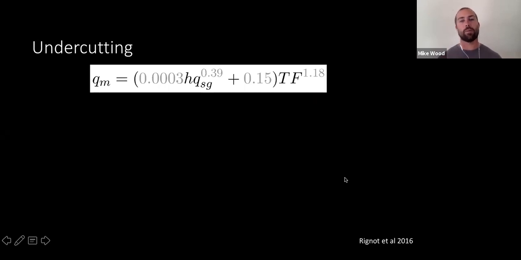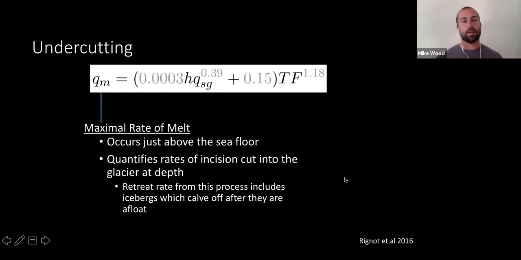So this is a parameterization of undercutting for different glaciers around Greenland. And before I talk about what the terms of this equation are, it's important to think about what was actually parameterized here in the model. What was parameterized was the maximal rate of melt. And that maximal rate of melt in the model happens just above the seafloor.